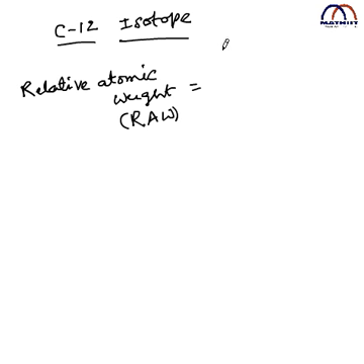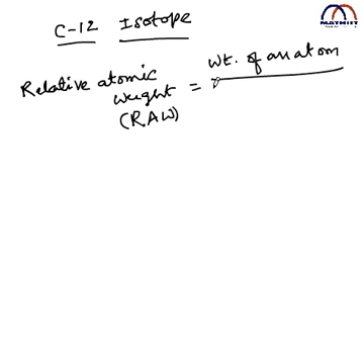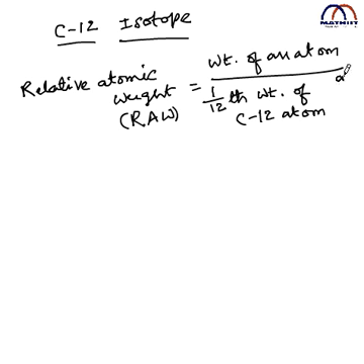The weight of an atom divided by 1/12th the weight of a C12 atom, where 12 indicates the mass number of carbon, is called the relative atomic weight. Since it is a ratio, it has no units, but generally it is expressed in AMUs.